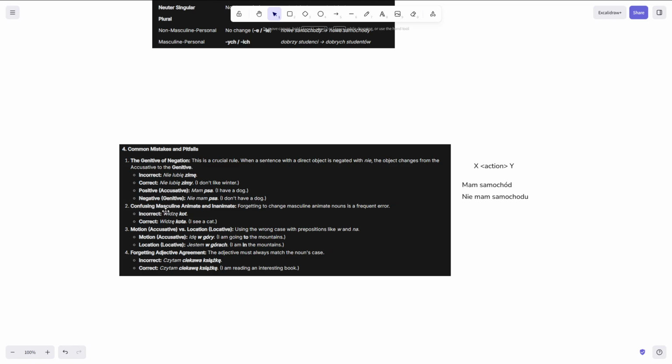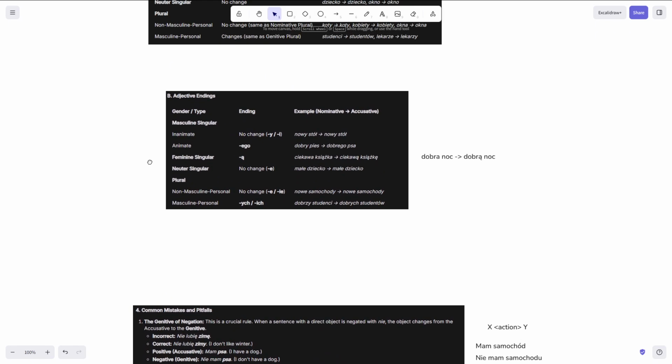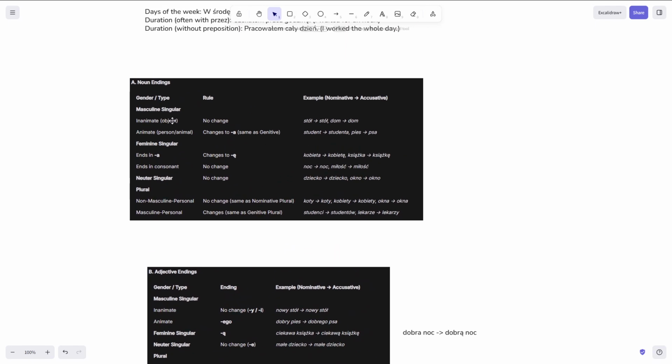Then there is confusing masculine animate and inanimate. Forgetting to change masculine animate nouns is a frequent error. So for example, incorrect is widzę kot. Since cat is a living thing, we have to look up and scroll over here.